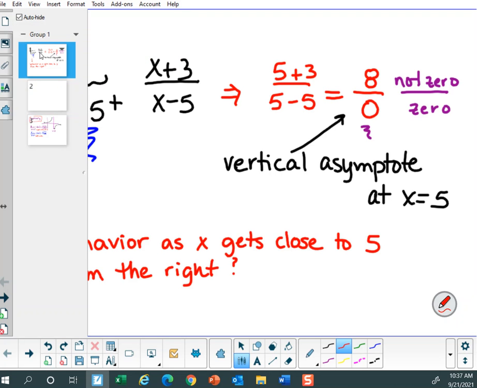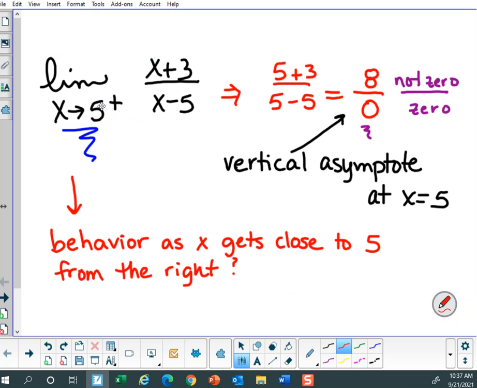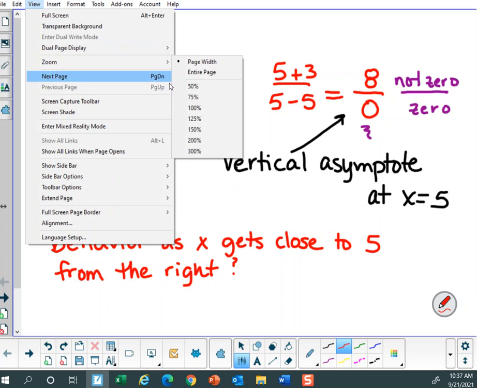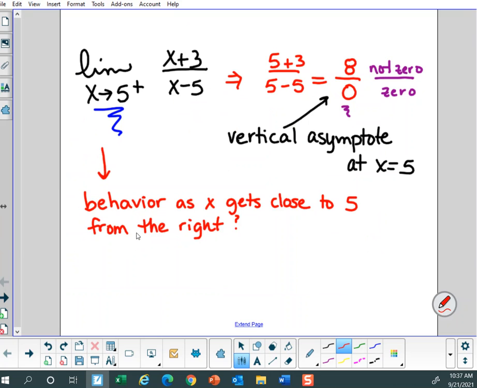Now, once again, just a quick review, I want to know what's happening as I approach 5 from the right. So 5 from the right means x gets close to 5 from the right.